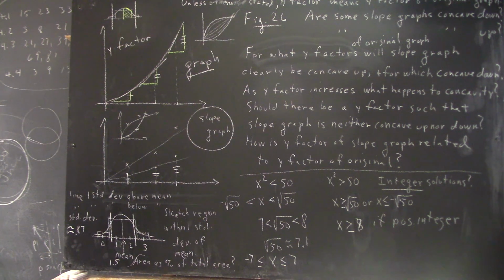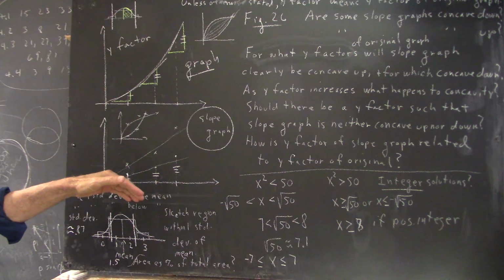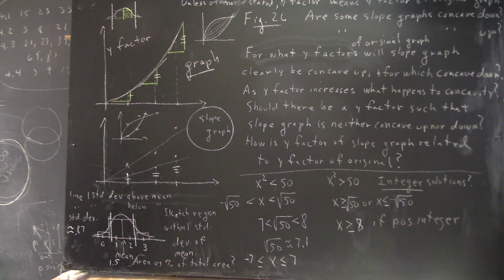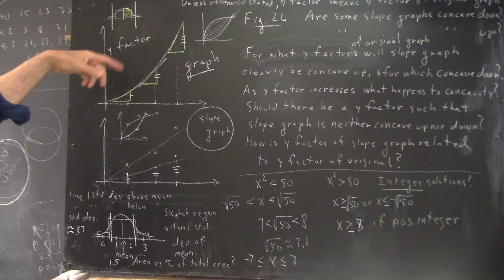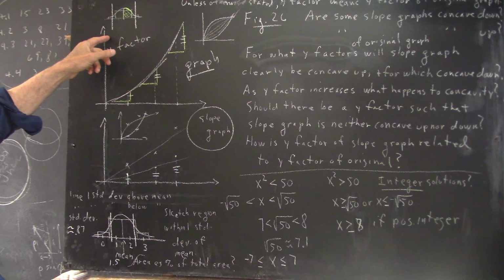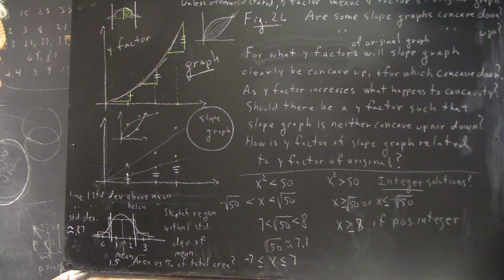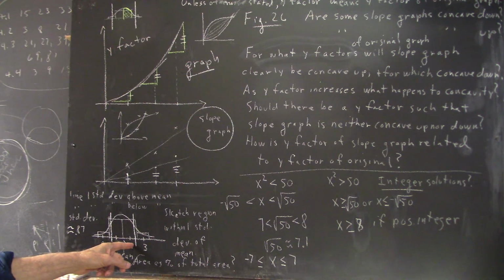Now, having done that, you were asked to construct 2 lines, one at 1 standard deviation on this side of the mean, one at 1 standard deviation on this side of the mean. Now, here's an example of 2 lines, but these 2 lines are more than 1 standard deviation above or below the mean. We can see that the numbers here, here's 1 and here's 2.